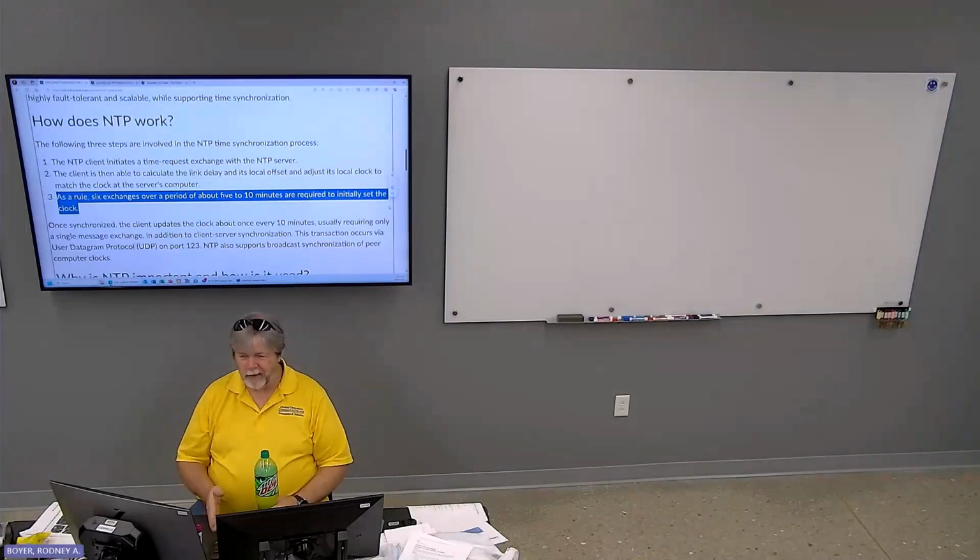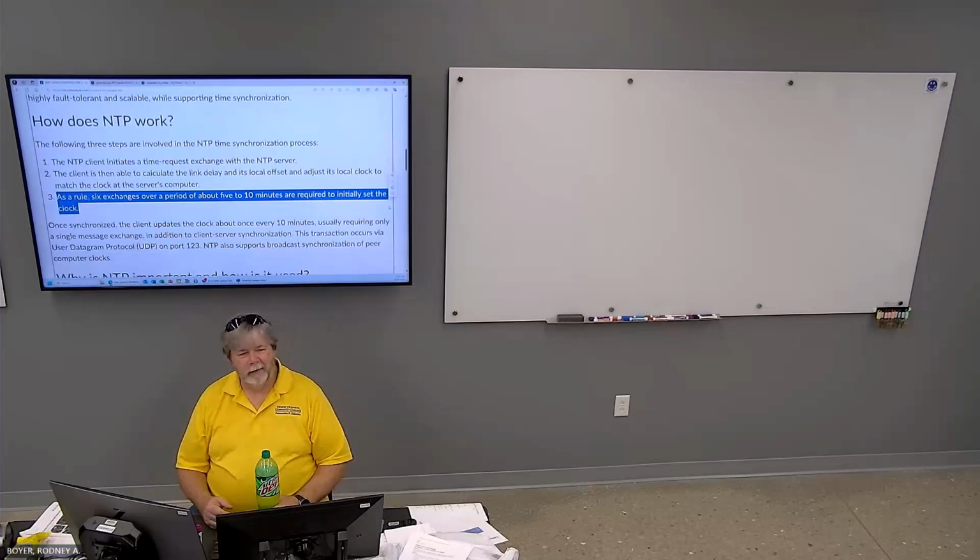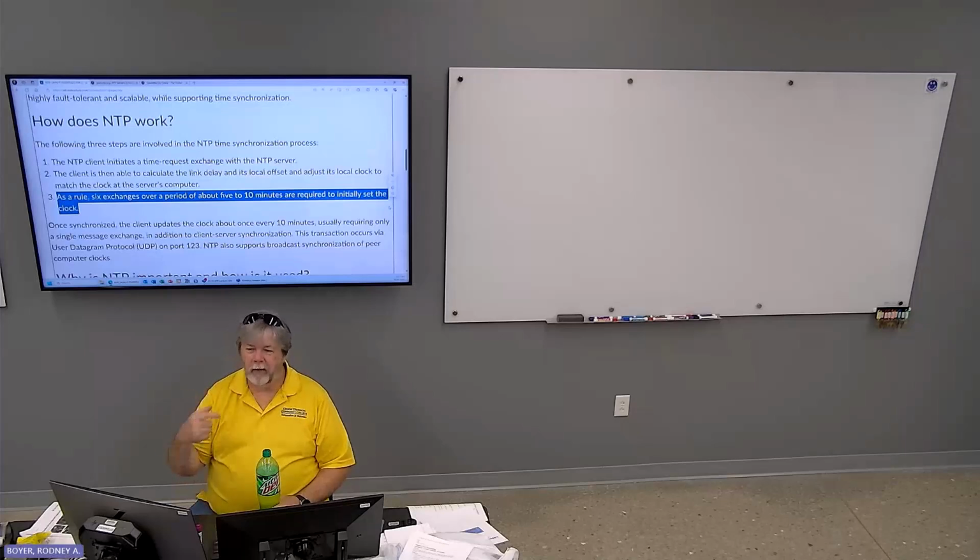So the computer starts its clock when it gets fully booted. That's when it says, hey, operating system, that's what time I think it is. And then they only periodically go out and say, hey, time server, what time is it?